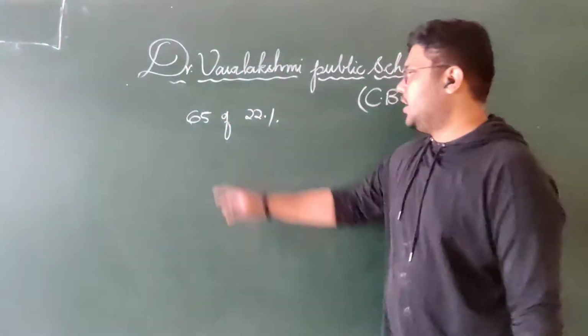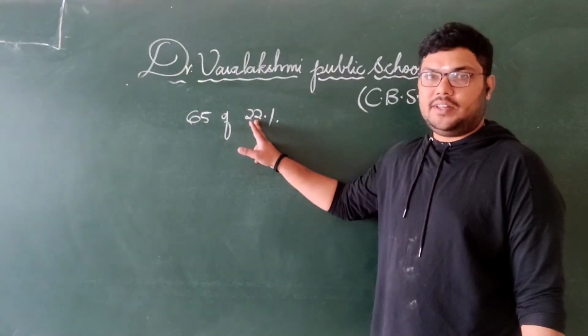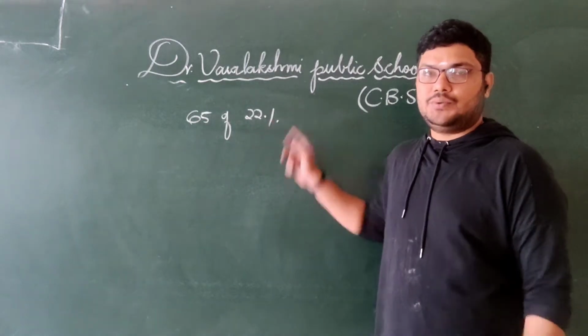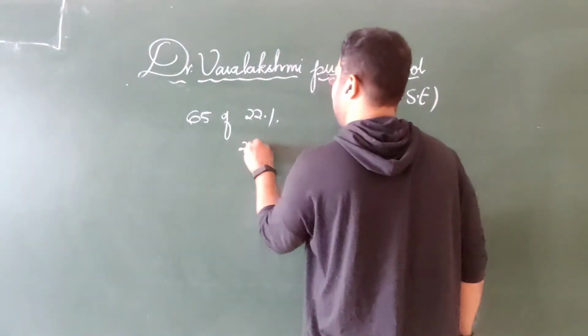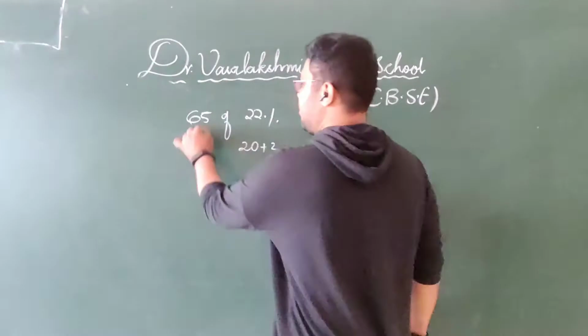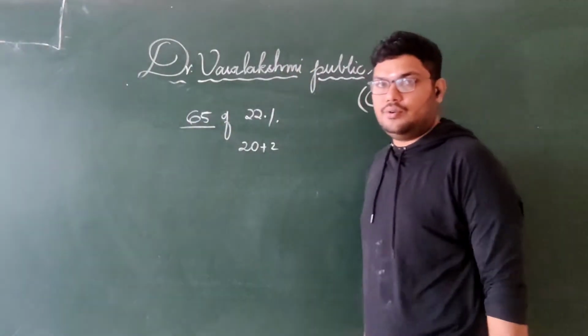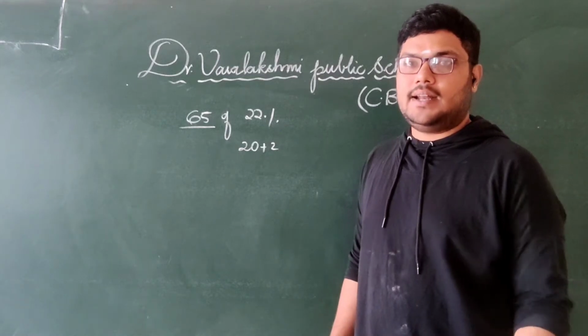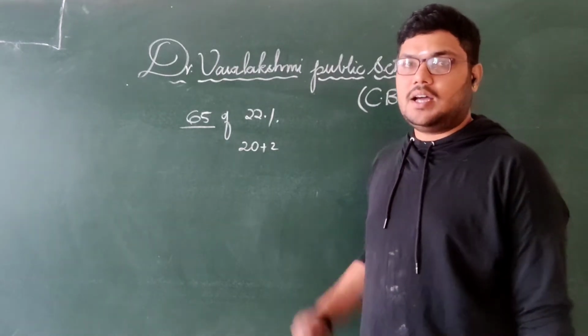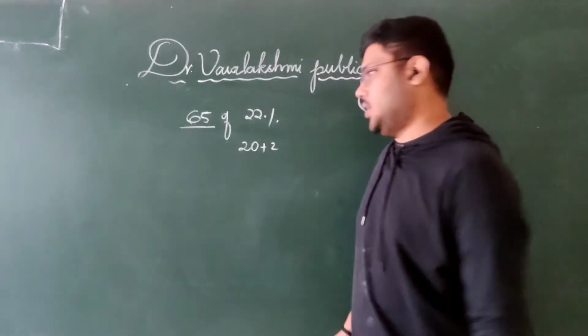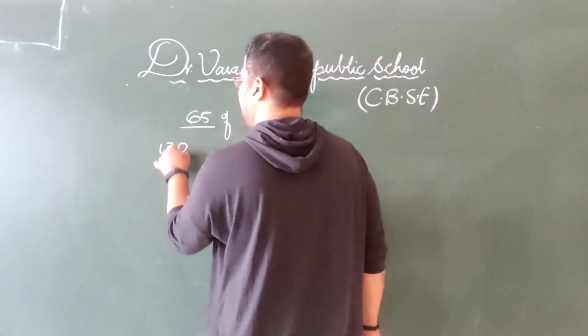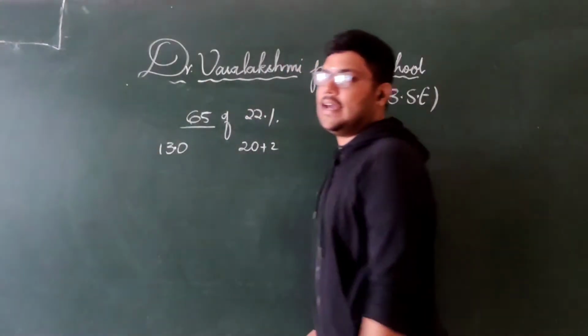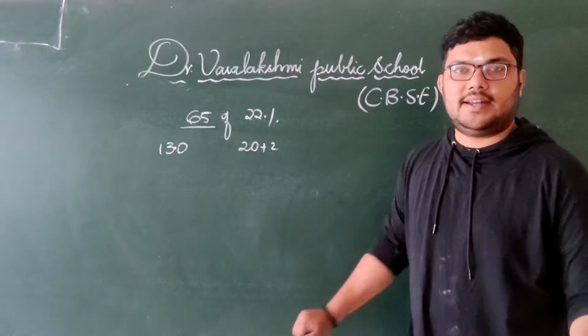Here I have divided it into two parts, 20 plus 2. So already we know that 65 into 2 is 130, 120 plus 10. After that you just keep a dot. So 130, after 1 digit you just keep a dot, that is 13.0, 20% calculated.